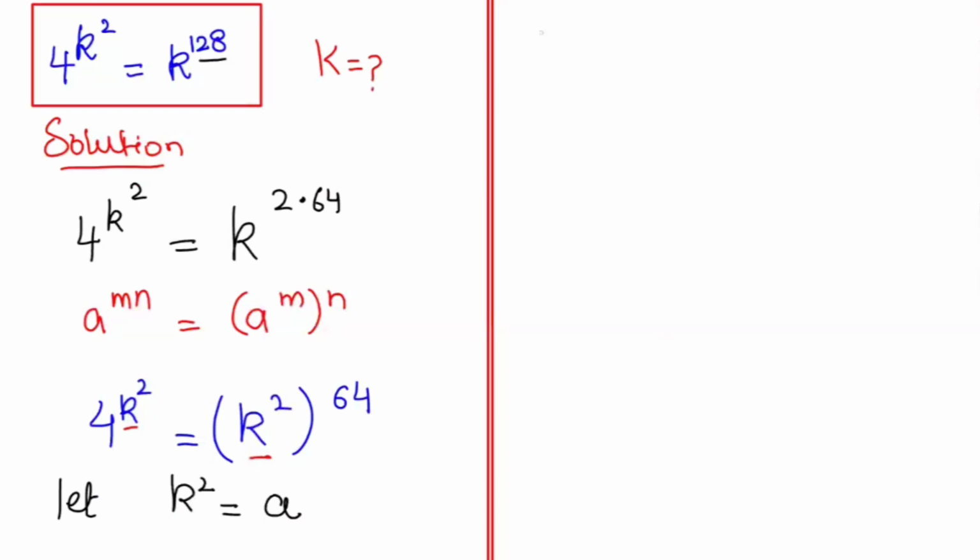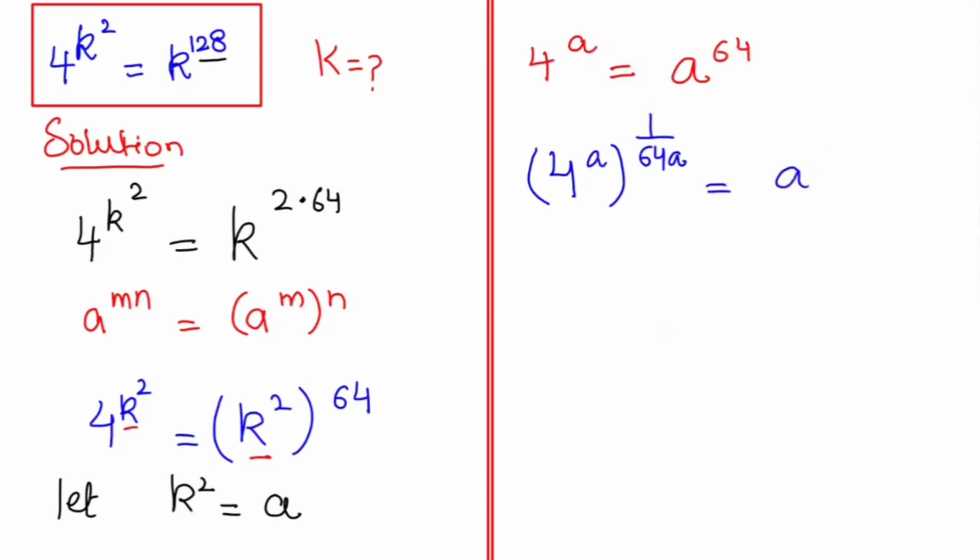Therefore, this equation turns into 4^a = a^64. Now I'm going to raise 1 over 64a to both sides, so (4^a)^(1/(64a)) on the left side, because I want to eliminate the 64 from the right hand side and a from the left hand side.